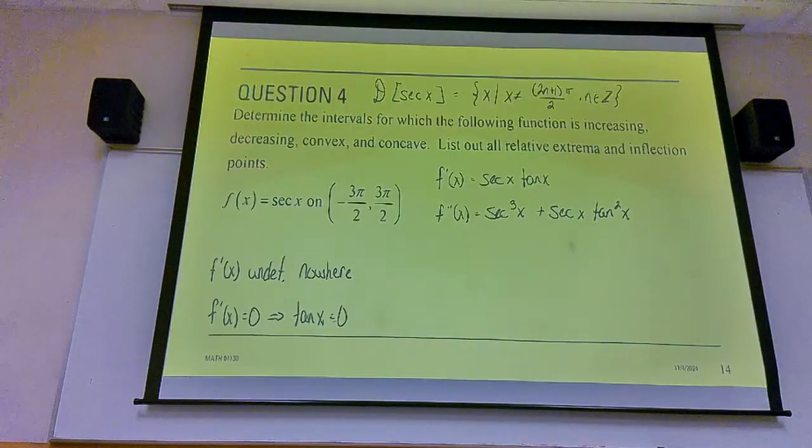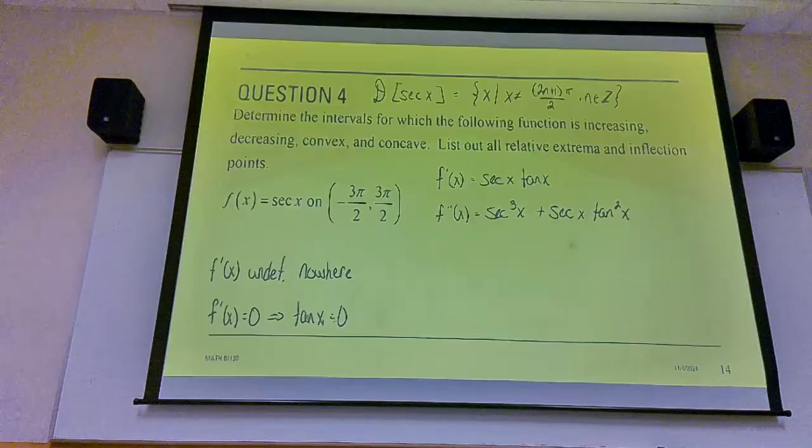Where's tangent 0? Every multiple of pi. But we're in a restricted interval, so we don't have an infinite number of them. So now just look at minus 3 pi over 2 to 3 pi over 2. At what points in that interval is tangent 0?